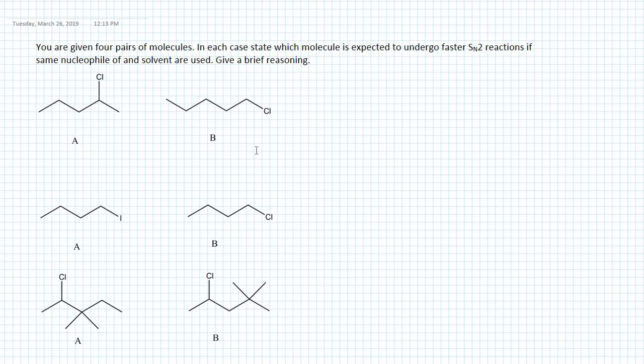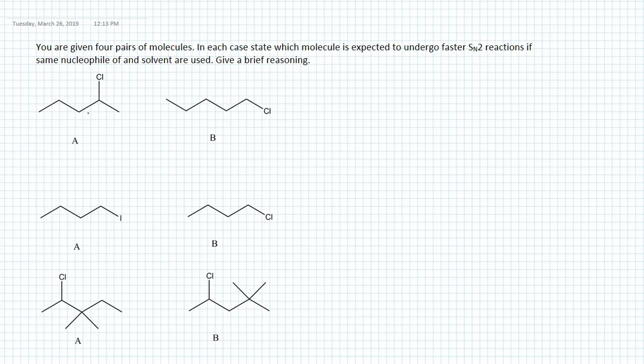We have here A and B molecules for 4 cases, and we have to decide which molecule is expected to react faster in an SN2 reaction. Let's look at case A. For the first case, we have 2 alkyl chlorides, and these are the substrates.